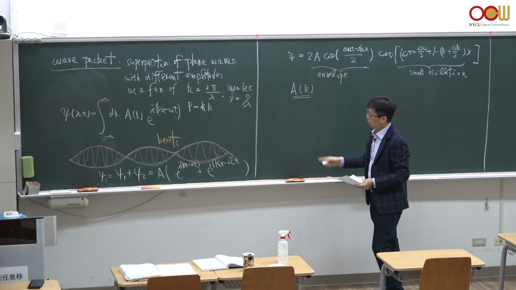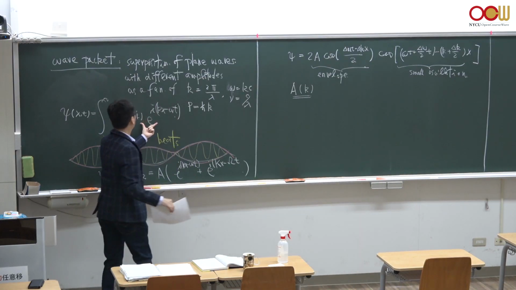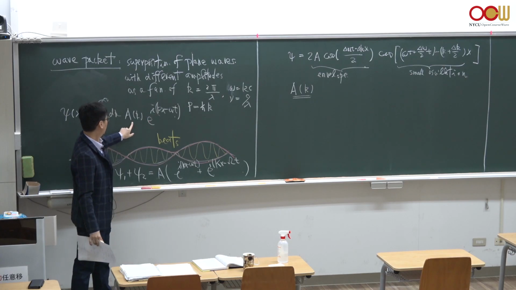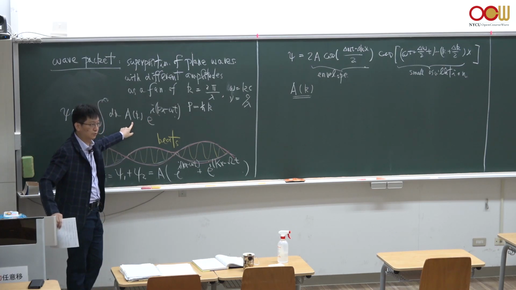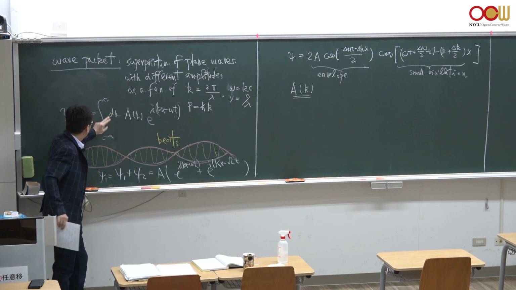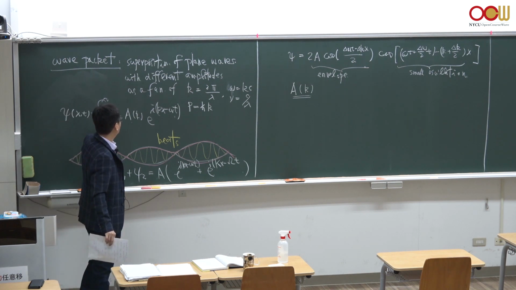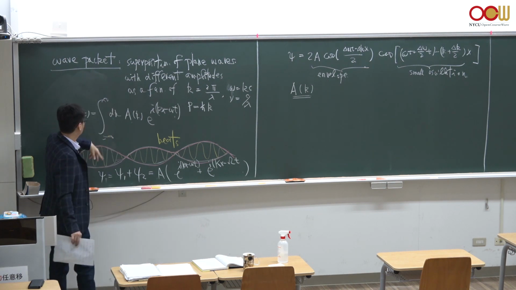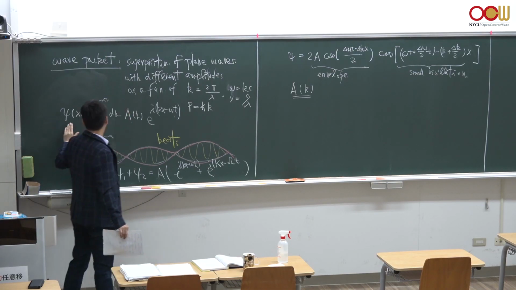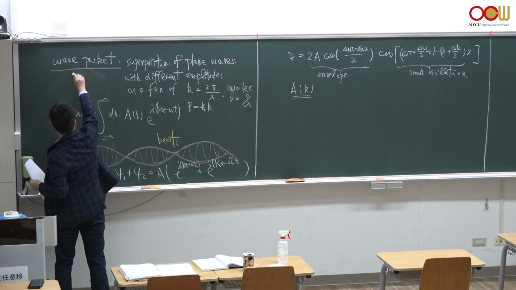You sum over all such plane waves at a fixed wave number k, attach the different amplitudes a of k to each plane wave, and in the continuous variable you integrate over the wave number k, and then you get the wave packet.